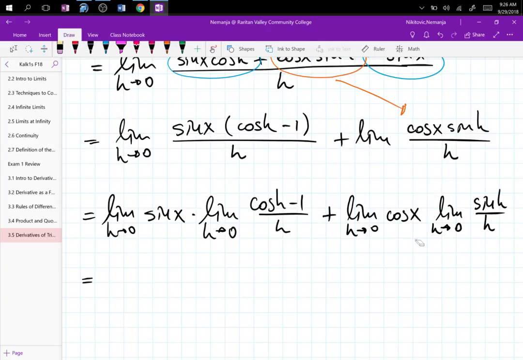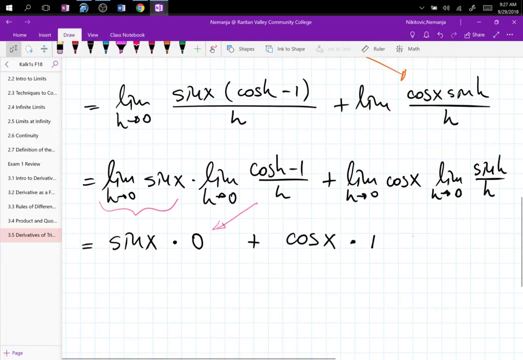So now I have that the limit of sine x is just sine x, because there is no h in that sine x, times 0. So this one is this, and this one is that. And then we have plus cosine x times 1, because the limit of sine h over h was 1 in that formula that I gave you up there.